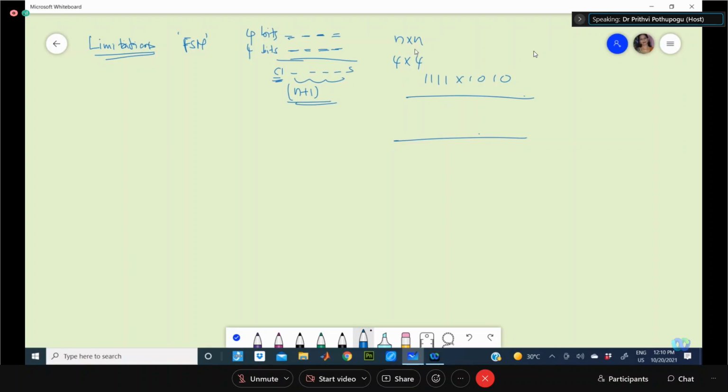So this makes FSMs incapable of handling an infinite result or infinite series. That becomes one small limitation.